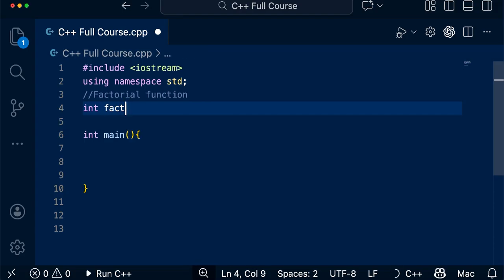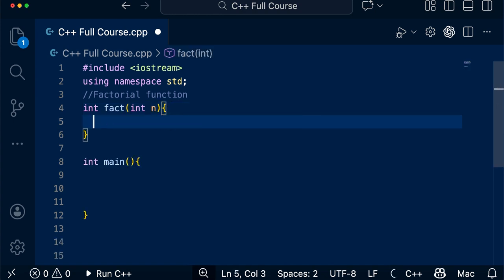Fact, then it will receive int n. Then we know that if n is equal to 0 or n is 1, then we know that the factorial of 0 or 1 is 1, right? So I'm going to say if n is equal to 0 or n is equal to 1, then return 1, right?